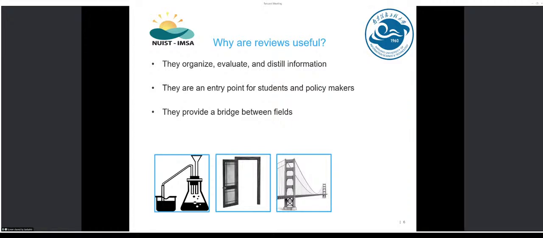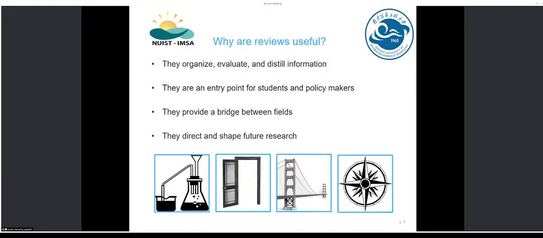So you connect meteorology with economics, you connect meteorology with the sustainable development goals, you connect meteorology with any particular field. In this case, not only meteorology, you can connect any two fields or more than two fields. That's why reviews are important.